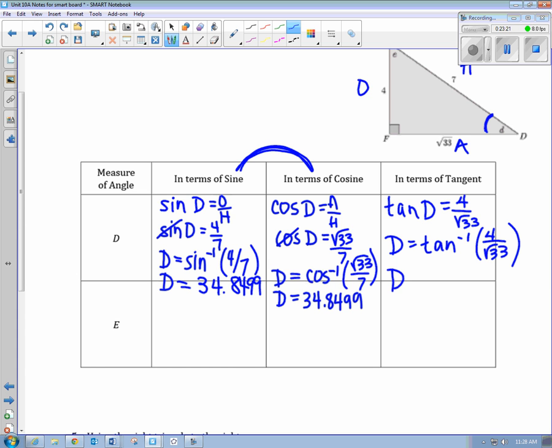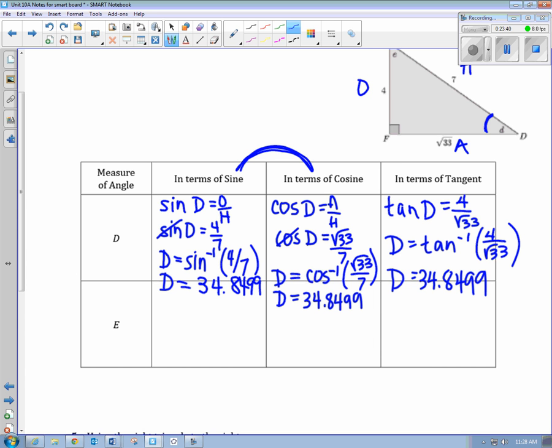And guess what I get when I go through and do that? Second tan, 4 divided by the square root of 33, 34.8499. So whichever one you use to solve, it's not going to change the value of the angle measure. It's going to remain the same no matter what.